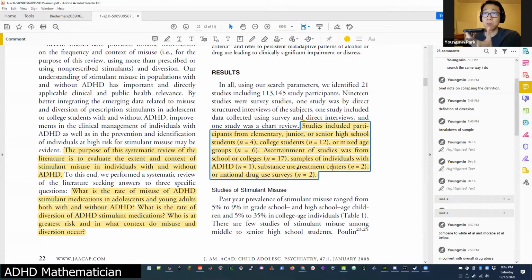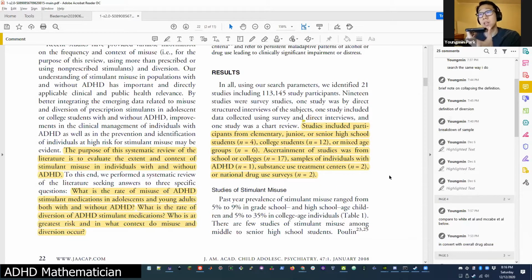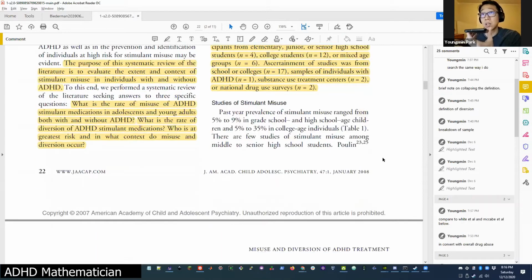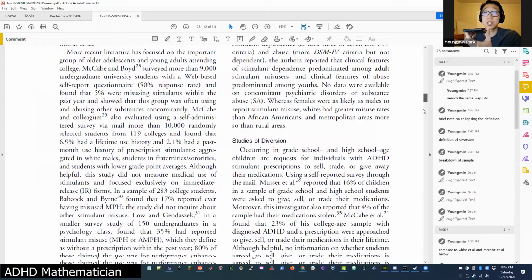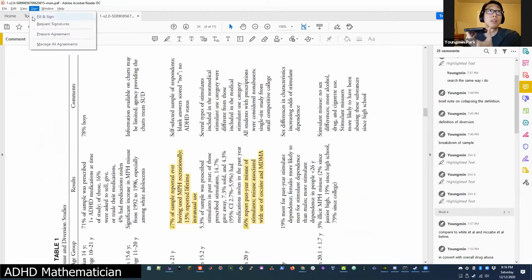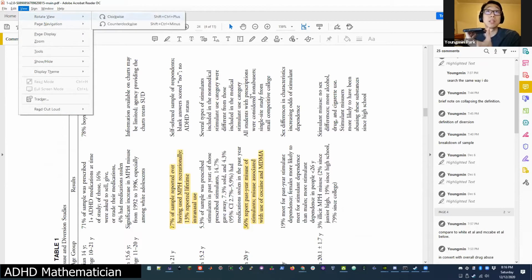A couple were from substance use treatment centers, and a couple were from national drug use surveys. So it's a diverse list, and as you can imagine, the methodology is all over the place, right? And so it's very hard to draw conclusions. The best we can really do is just state what the results are. I'll go into some in this table and summarize at the end.